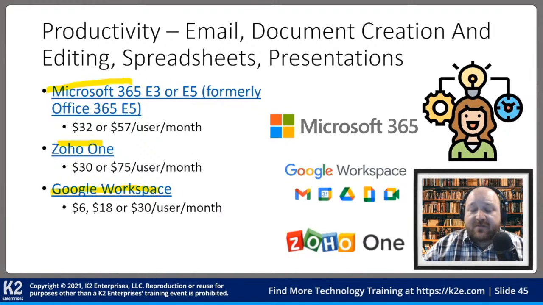Zoho's strongest thing is the fact that it includes so many different applications, whether it be customer relationship management, financial services, expense reimbursement, password management, and more. Google is the least complete out of the three of these, but it's also the most price efficient, coming in between $6 and $30 per month. But the benefit of Google is the fact that it is 100% cloud-based and very, very intuitive to use.